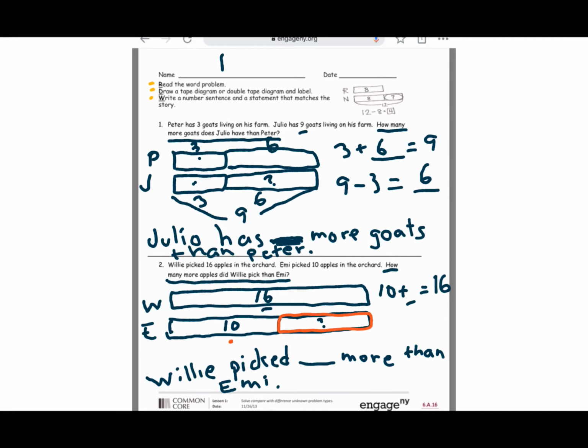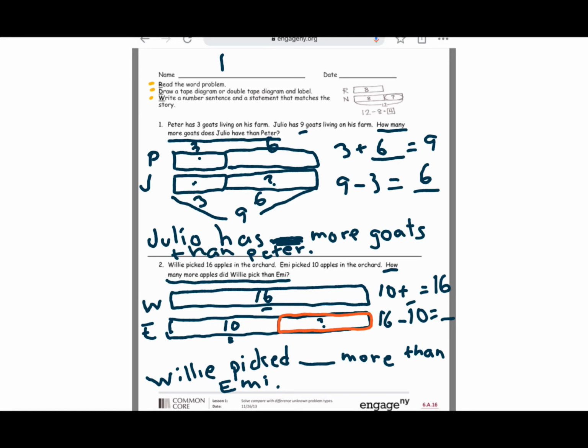We could say 16 minus 10 equals blank. You choose your number sentence, boys and girls. Write the answer on the line for either number sentence. You don't have to do both number sentences. You could just do one number sentence.